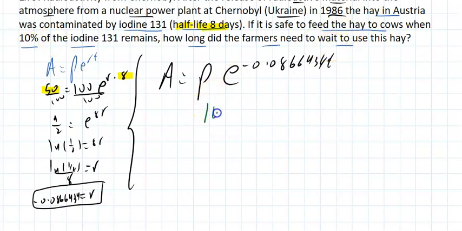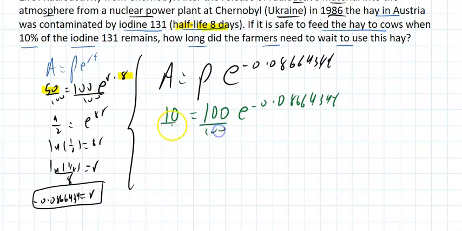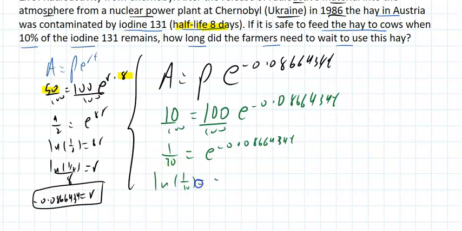So if you have originally 100, you need to know how long it takes the 100 to become 10. You could use any number. I use 100 because it's 100%. Divide by 100 on both sides, and you will get the 10%. Transform to log form.